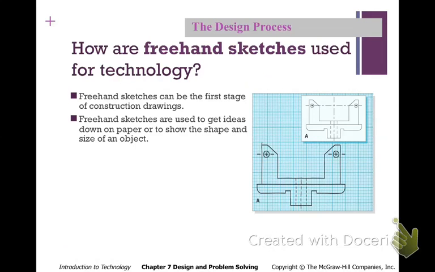Okay, a lot of times we draw and we're going to write down the size of it if you know it. Sometimes it's just a little sketch and you have no idea what size it is, but a lot of times we know I want a piece that's 12 inches long, 2 inches high, 3 inches wide, and we can go ahead and write those details down.